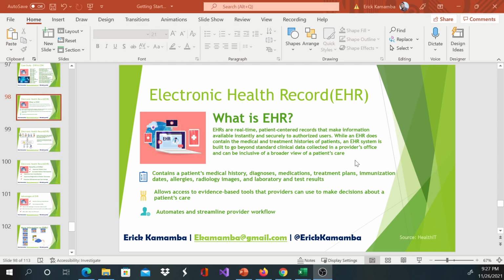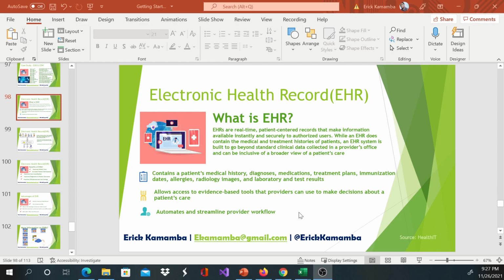Okay, so EHR, what does EHR contain? It contains patient medical history, diagnosis, medications, treatment plans, immunization dates, allergies, radiology images, and laboratory test results. Okay, allows access to evidence-based tools that providers can use to make decisions about patient care, and also automates and streamlines provider workflow.